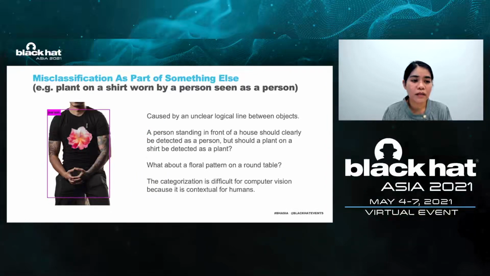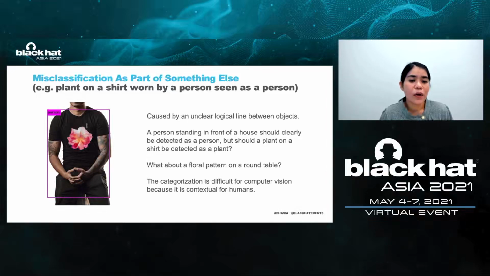So this is one identification error we found at the beginning of our study, and the second identification error we found is a misclassification happening as part of something else. For example, if you take a look at the figure here, the plant, of course, the flower on a shirt worn by the person is totally hidden, and it's only seen as a person. This is caused by unclear logical line between objects.